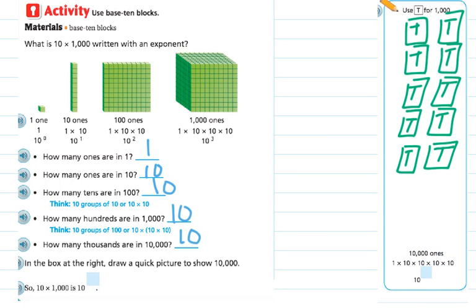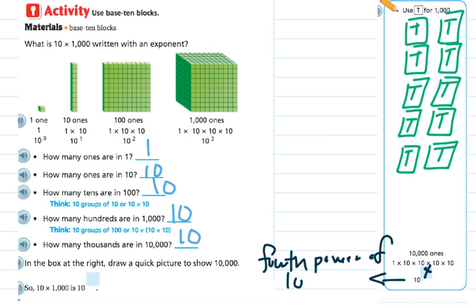Now we know the repeated factor is 10. Let's count how many times it's repeated. 1, 2, 3, 4. So we know that the exponent would be 4. So in exponent form, we would say that this is the fourth power of 10.